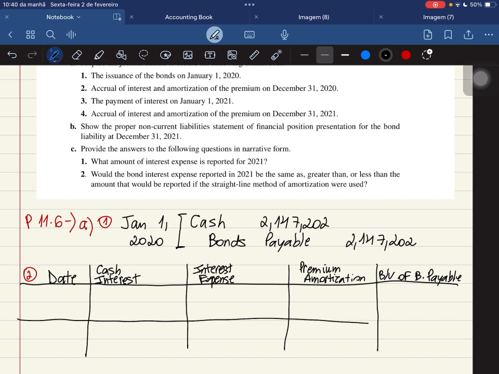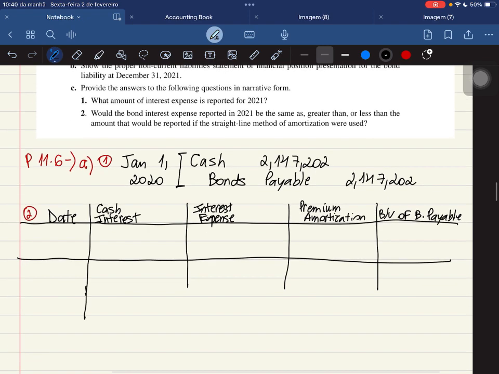Okay, so the issuance price occurred on January 1st of 2020, right?